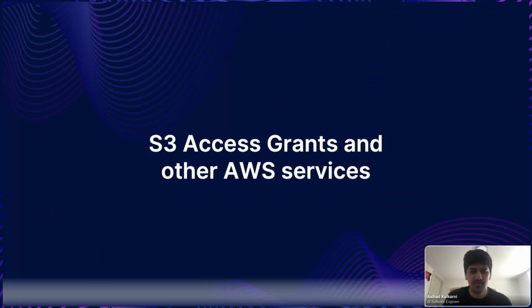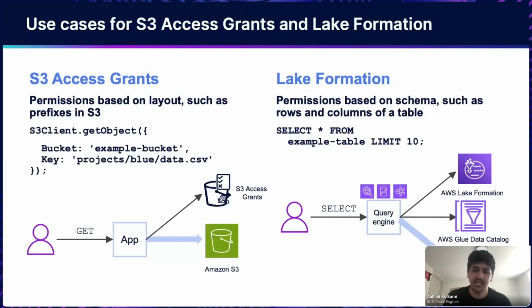A quick overview here of other AWS services and Access Grants. Start thinking about how you think about different use cases and what you can use for which use case, right? We lay the line saying S3 Access Grants is your unstructured data access use case, and Lake Formation is your structured data access use case.